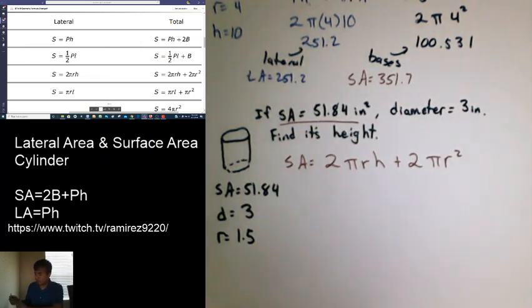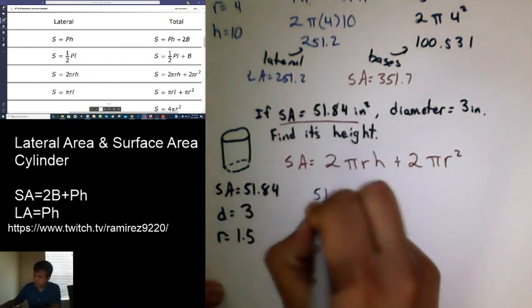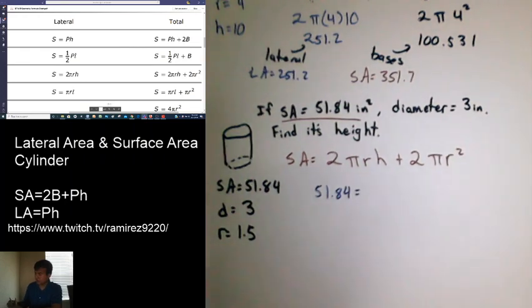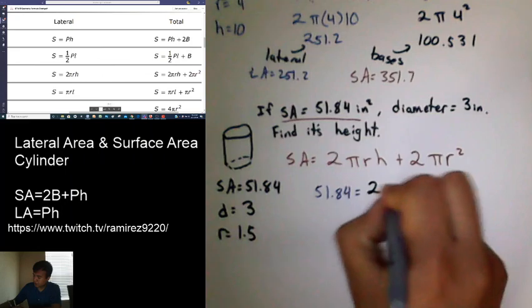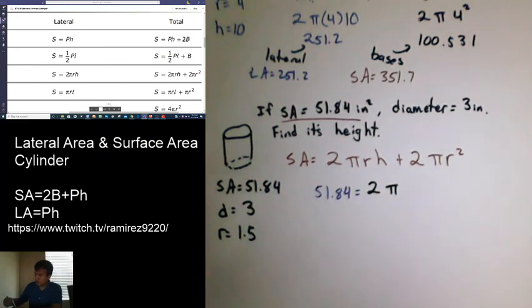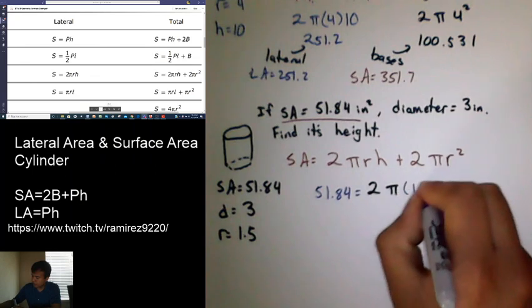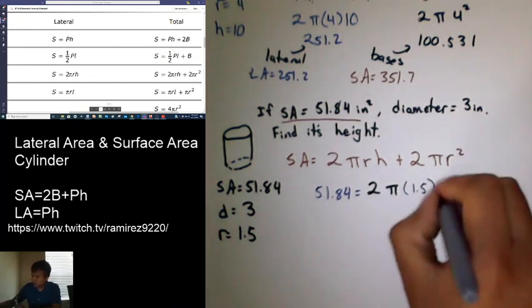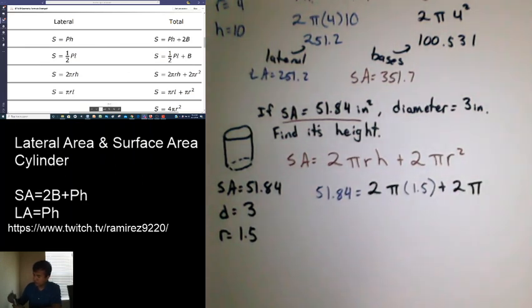Now I'm just going to plug in everything that I know. My surface area is this 51.84. We have 2 pi, our radius, which we know is 1.5, plus 2 pi, and again 1.5 squared.